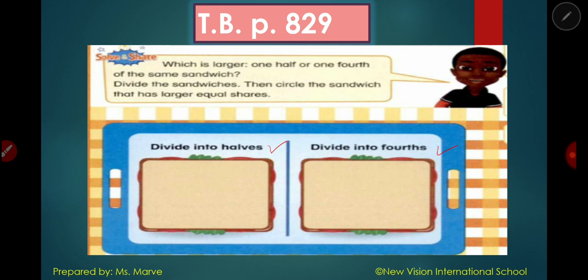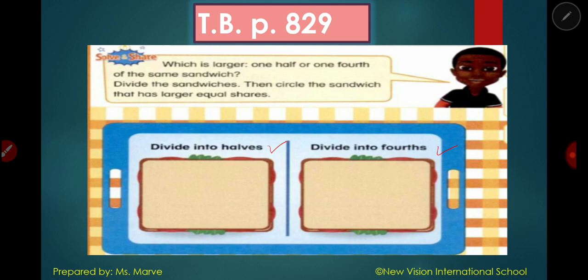I am going to ask you one more time. What equal share are you asked to show? Remember the vocabulary words halves and fourths. How can you show these equal shares? How? Of course, it's easy. You need to draw lines to divide the sandwiches. Look above and you can see that the first sandwich, you are just asked to divide it into halves.